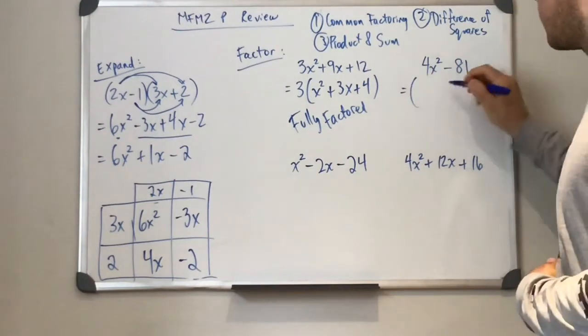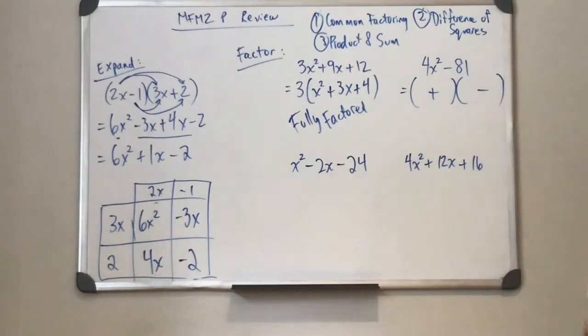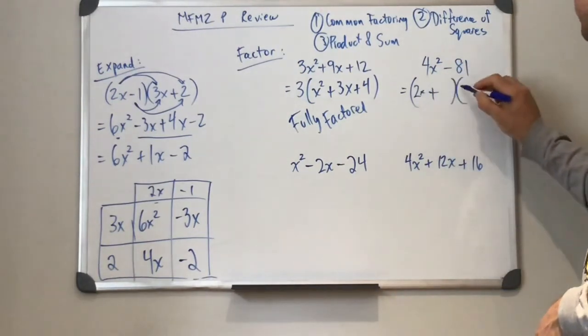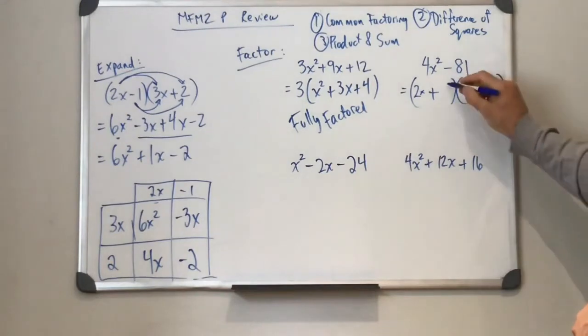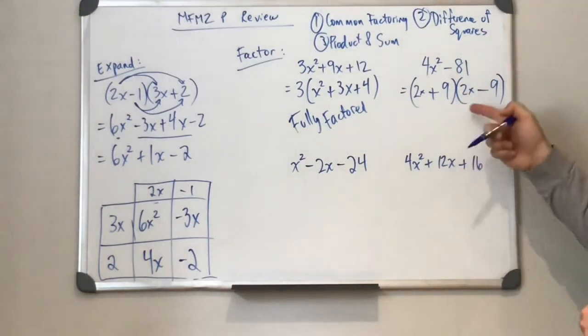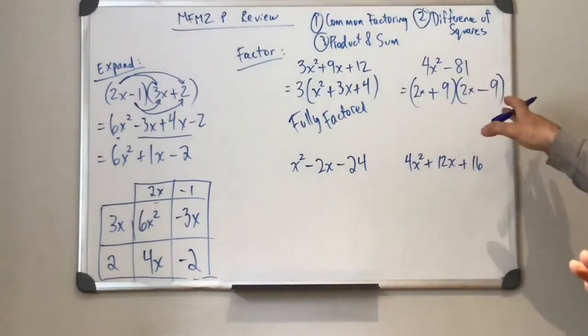Whenever I notice that, I'm going to set up my two brackets. One's going to have a plus, one's going to have a minus. The square root of 4x squared would be 2x. The square root of 81 is 9. So I have 2x plus 9, 2x minus 9. That's fully factored. We're all done.